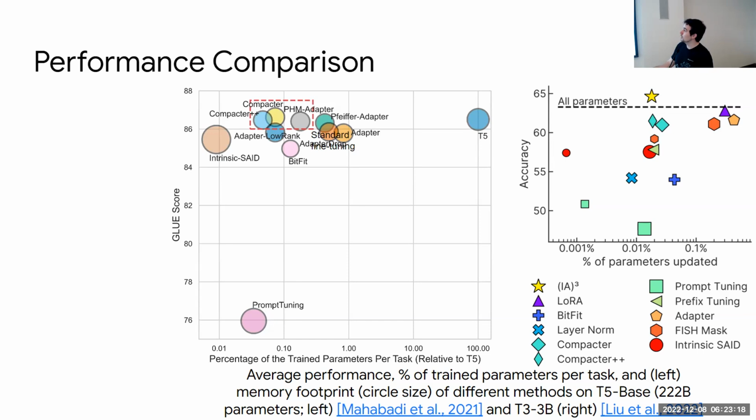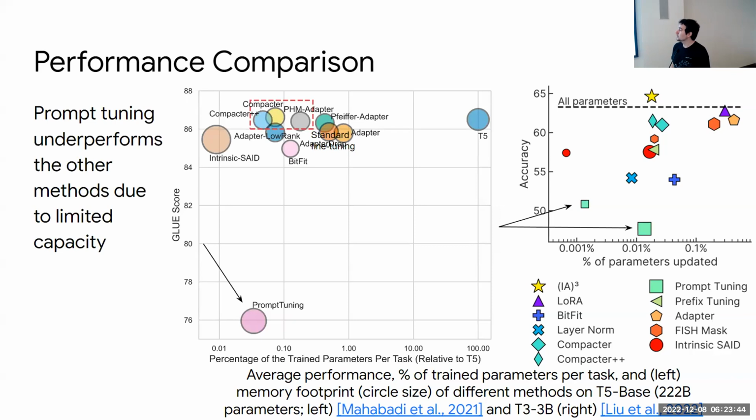Both show different methods in terms of the number of parameters they add or learn for each new task, where in both cases we have the full fine-tuned model, which adds 100% of parameters and gives the performance of the full fine-tuned model. We also see the memory consumption of each model indicated by the size of the circle. For each method, some of the main methods are represented in these comparisons.